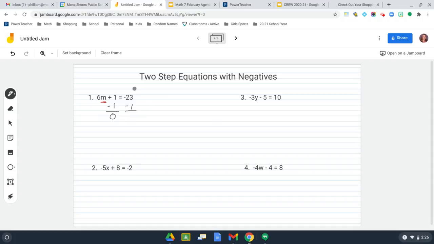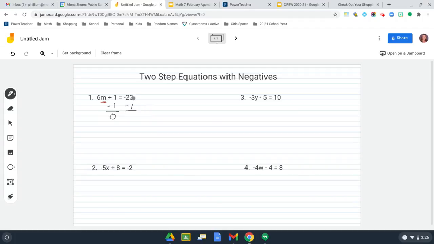Now we need to be careful here on the other side with our integer rules. We have negative 23 and a negative 1. When you subtract a value, subtracting 1, it's making that value of 1 negative. Anytime you have that subtraction sign in front of a positive number like this, it's turning it into a negative. It is a negative 1.